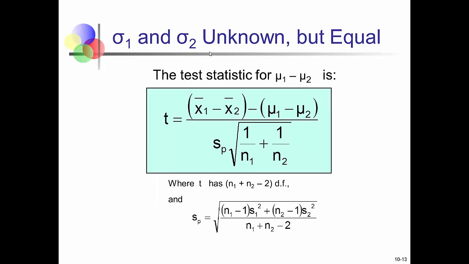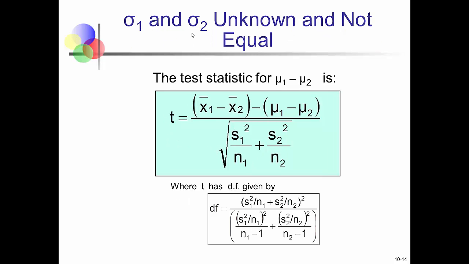If the true population standard deviations are not known but assumed equal, we can use that pooled standard deviation times the square root of 1 over the sample sizes added together. Our point estimate is still x bar 1 minus x bar 2 minus our hypothesized mean difference. So the only thing that really changed when we went from our standard deviations being known to not being known is the fact that we had to use this pooled standard deviation on the bottom, and that turns out to require us to use a t-score and a t-critical to compare.